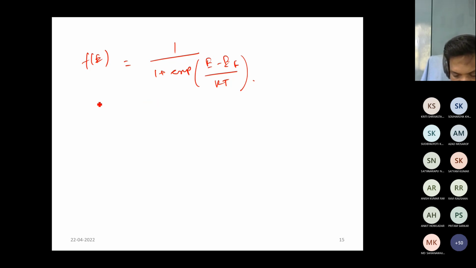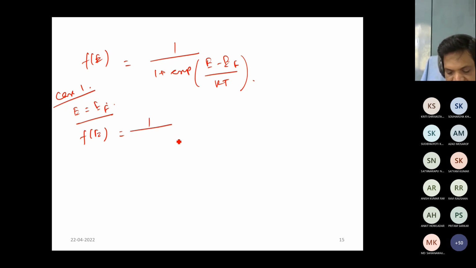For this case, the energy E is equal to EF. What would be Fe? You tell? So 1 by 2. What does it indicate?